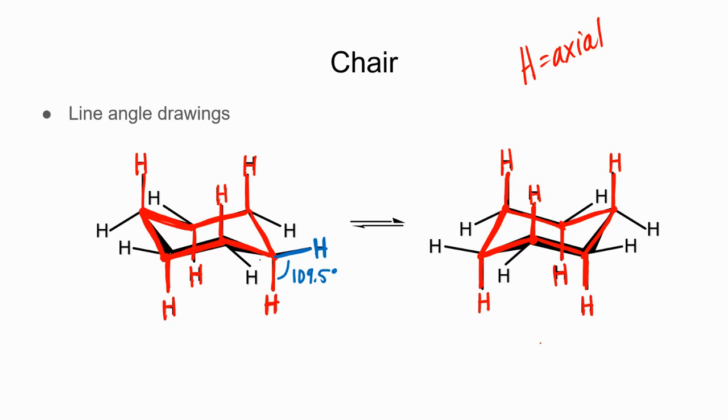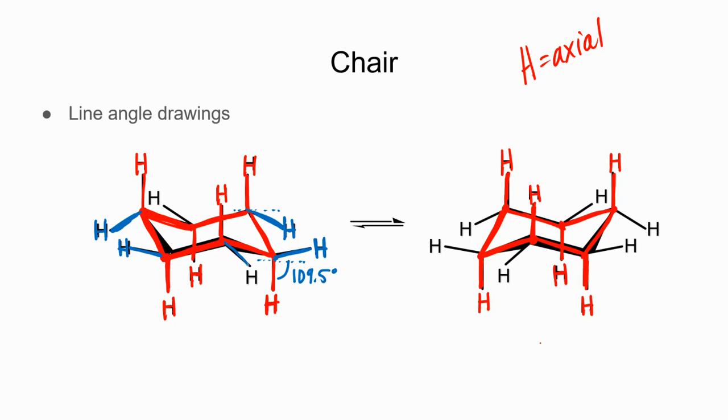And so here, the hydrogen is a little bit above an imaginary horizontal line through this carbon. If I have an imaginary horizontal line through the next carbon, this hydrogen is a little bit below it. And so these are going to go up and down relative to this imaginary horizontal line. Same thing here. One is down, the next one is up.